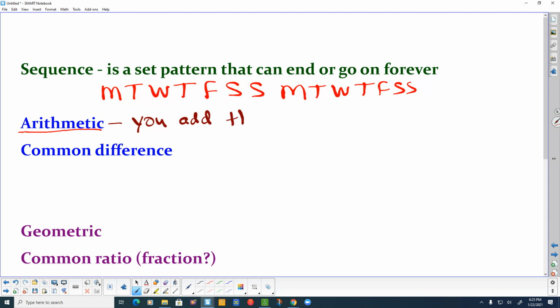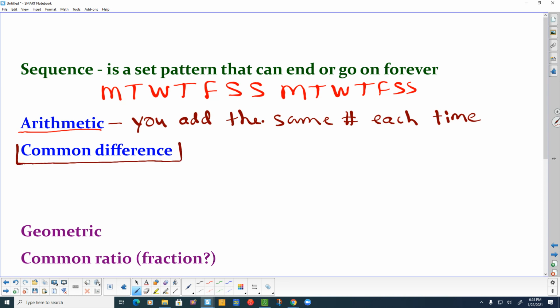Add the same number each time. The number that you're adding is called the common difference. The number you add. That's the number being added to the sequence.